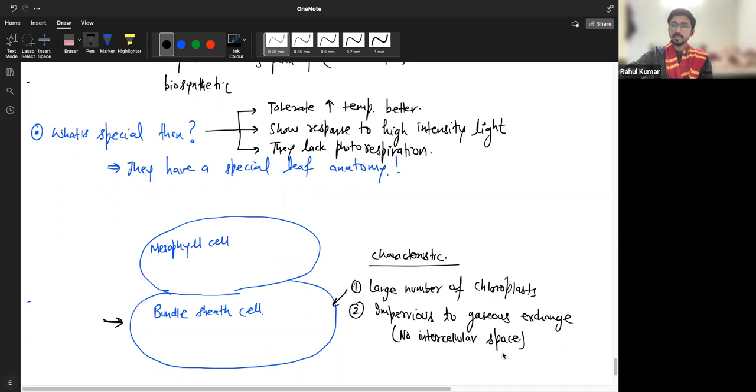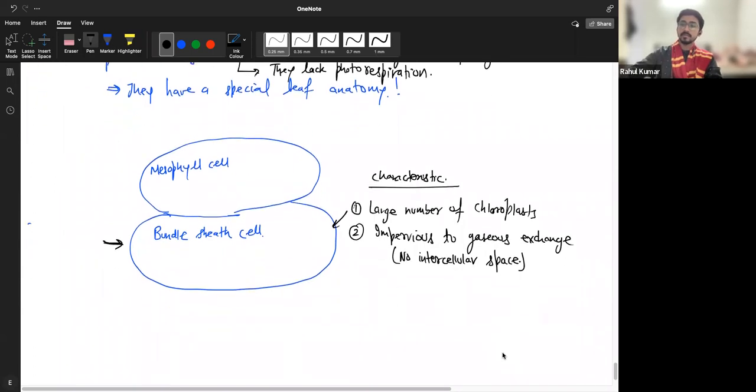Now we understood what a bundle sheath cell is, correct? Now what is the benefit of having bundle sheath cells? Remember, there are mesophyll cells as well, correct?